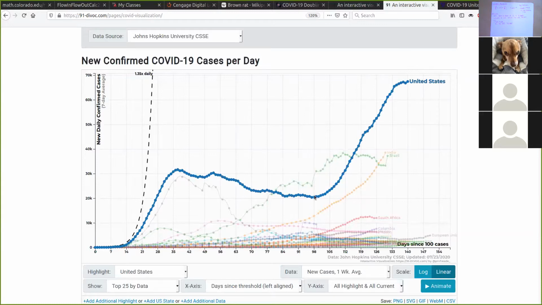So let's use 6/9 as our starting date. And we can use essentially today, even though it is kind of tapering off, as our ending date.